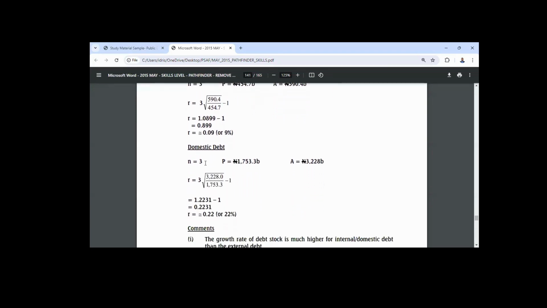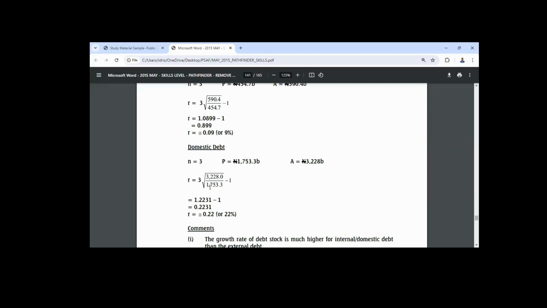We know that the number of years between 2011 and 2014 still remains 3 years. The P, initial debt, is 1753.30, while the A, accumulated debt at the end of 2014 for internal debt, which is domestic debt, is 3228.